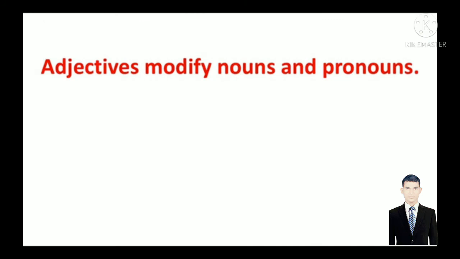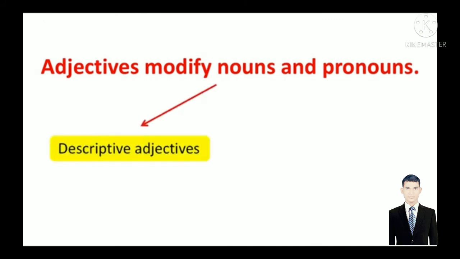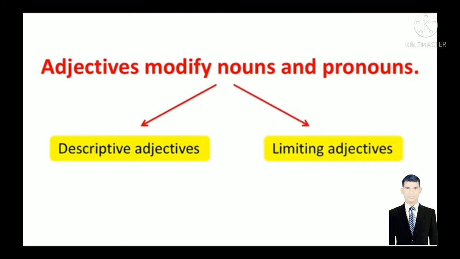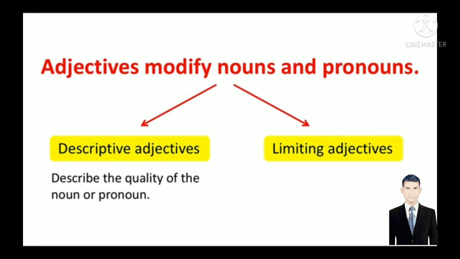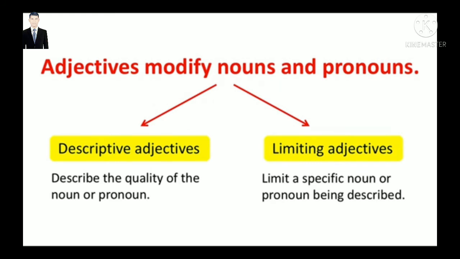Adjectives modify nouns and pronouns. Descriptive adjectives describe the quality of the noun or pronoun, whereas limiting adjectives limit a specific noun or pronoun being described.